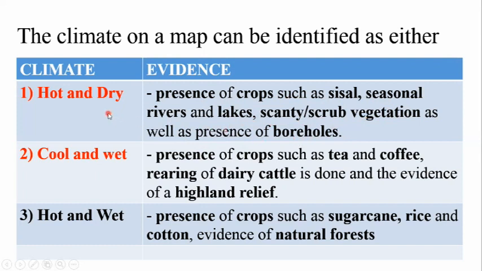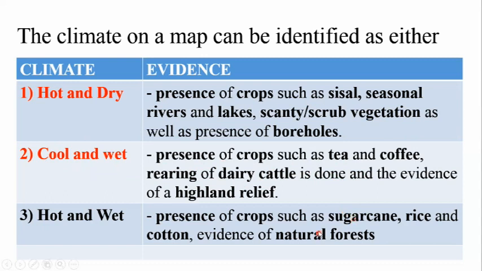They are evidence that the climate of the area covered by the map is hot and dry. Evidence for cool and wet is presence of crops such as tea and coffee, rearing of dairy cattle, and the evidence of high relief. Those are the evidence of cool and wet.